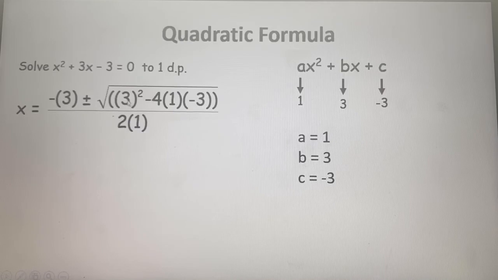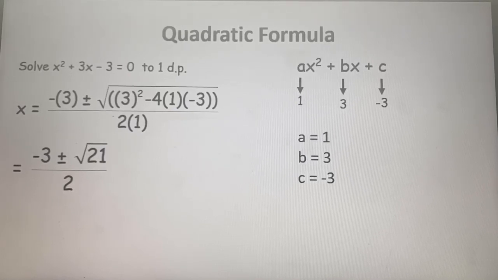Now in this, b is 3, so 3 squared minus 4 times 1 times minus 3. Now if you put that into the calculator, that gives us 9 plus 12, which is 21, and be careful because we've got 2 negatives there, that's why that makes a positive 21 for our answer under the square root.